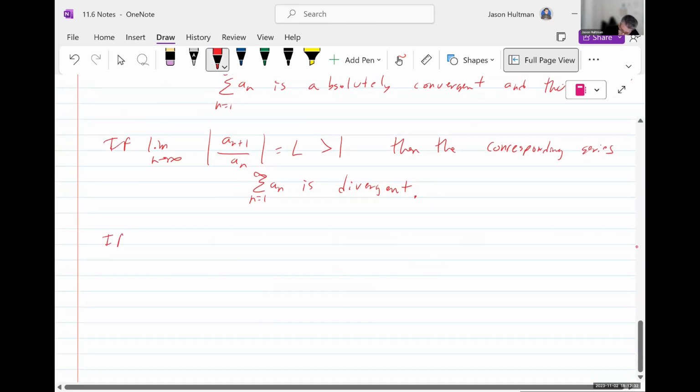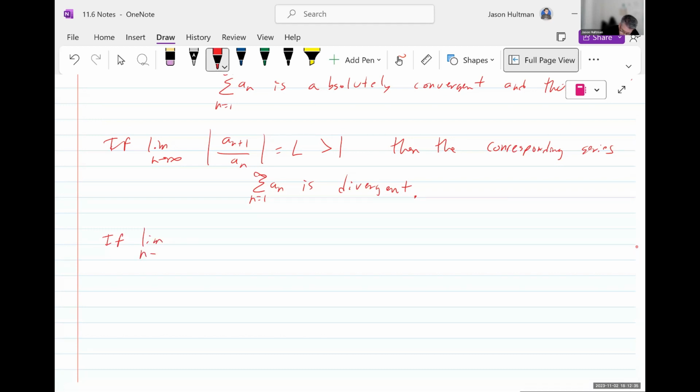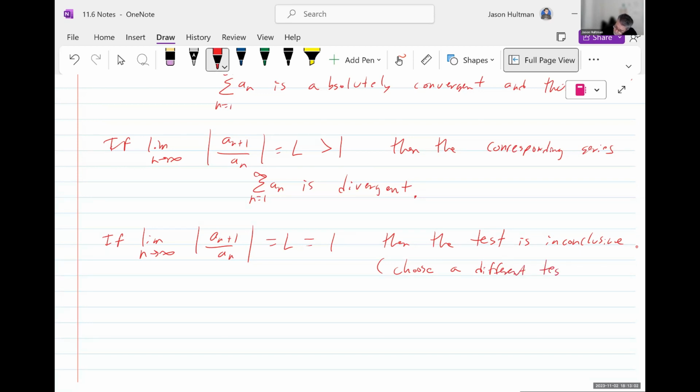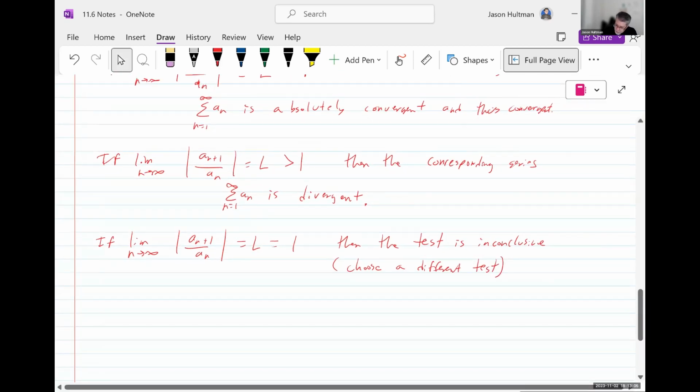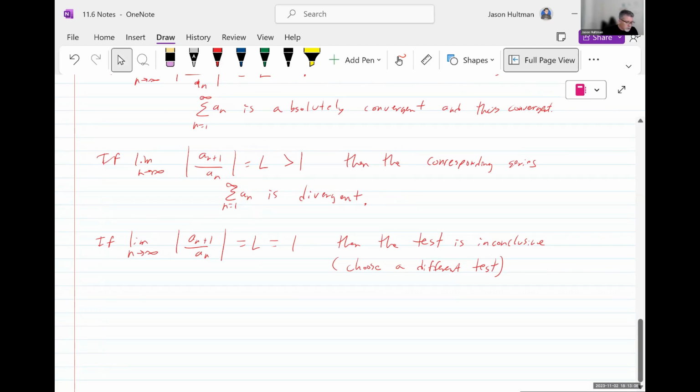And if the limit as n goes to infinity of a sub n plus 1 over a sub n equals L, and that is equal to 1, then the test is inconclusive, and so choose a different test. And again, this is my favorite test of them all because it works for a bunch of stuff.